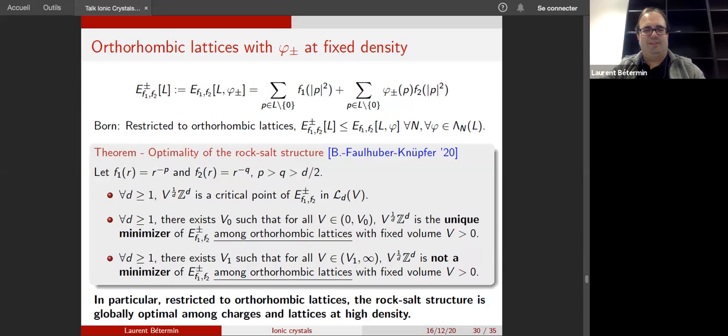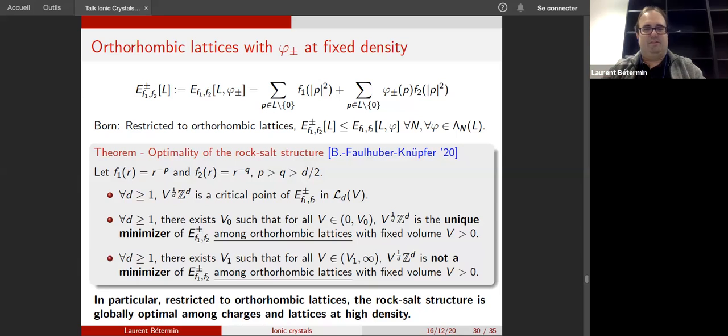The second thing I can show is that there exists a volume V naught such that for any volume between 0 and V naught, so at very, very small volume, the unique minimizer of my energy among all the orthorhombic lattices, because I fix L to be orthorhombic, will be the cubic lattice. So at very, very high density, I can get the cubic lattice as a global minimum.